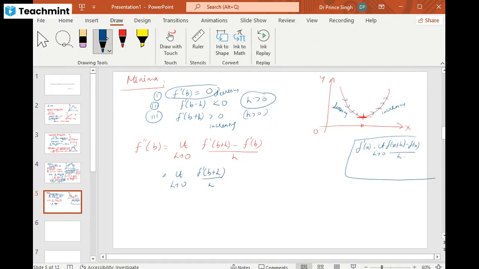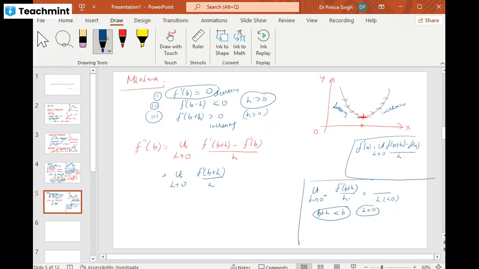Now we are going to impose the condition limit h tends to 0 from negative, f dash b plus h upon h. Because h tends to 0 from negative, your denominator is less than 0. But when h tends to 0 from negative, in the left neighborhood of a point, b plus h means less than b, because h is less than 0.